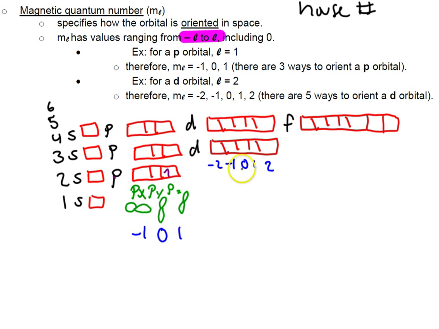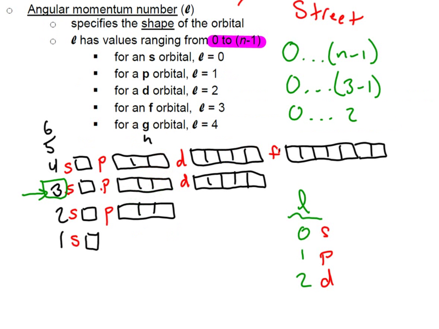Now, you don't have to put the 0 in the middle and then range from there to know what numbers to use. These M sub L numbers are related to the L value. Think back, what was the L number for p? Let's go look. A p orbital has an L value of 1.